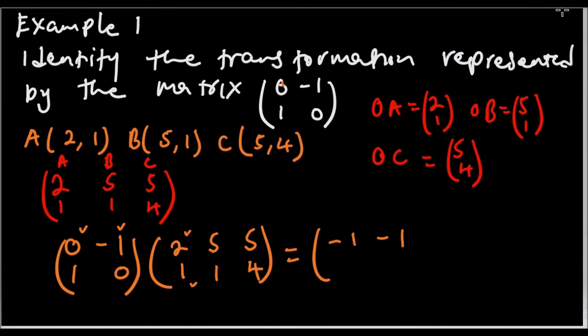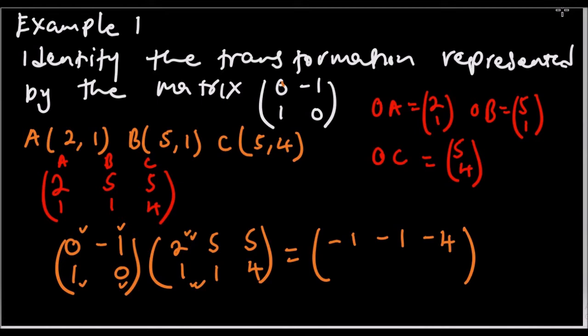So 0 multiplied by 5, you remember how we multiply matrices in Form 3. 0 multiplied by 5 is 0, -1 multiplied by 4, that is -4. So 0 plus -4 is -4. So we are through with that row, and we go to the second row, that is 1 multiplied by 2, that is 2. 0 multiplied by 1, you get 0.